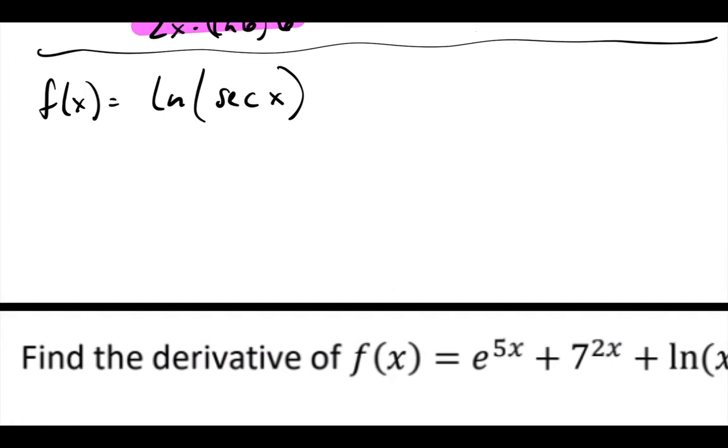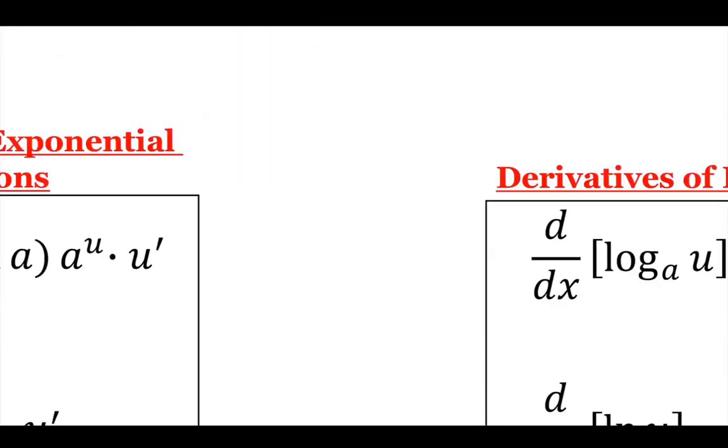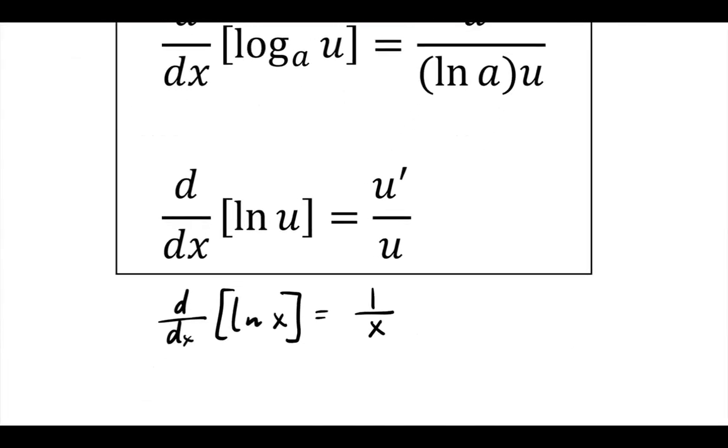Okay. So what if we're finding the derivative of a natural log? All right, this is the outside. What does the derivative of the natural log say? Exactly. The derivative of whatever we're finding goes on top.